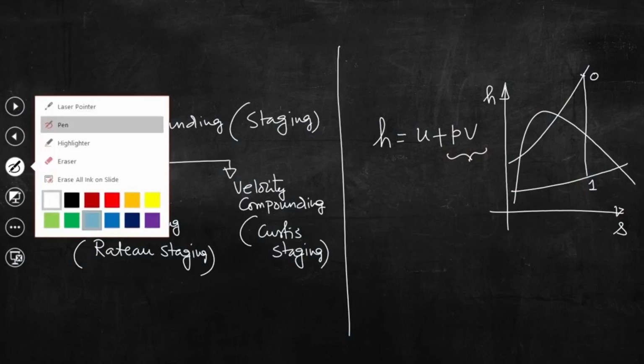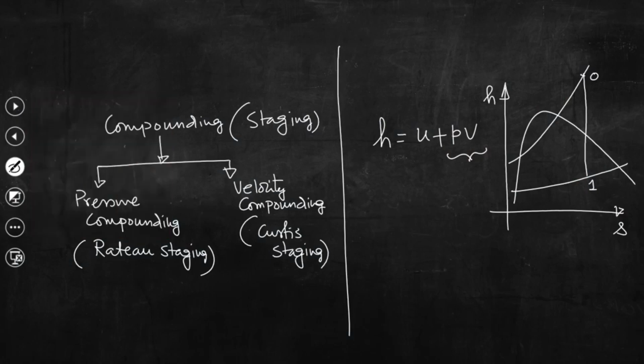Say we would like to split it into a few stages. So, this is 1 prime and this is 1 double prime. Basically we can write that h0 minus h1 prime equals h1 prime minus h1 double prime equals h1 double prime minus h1.